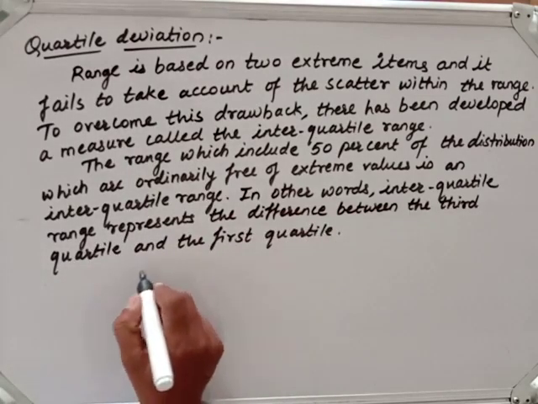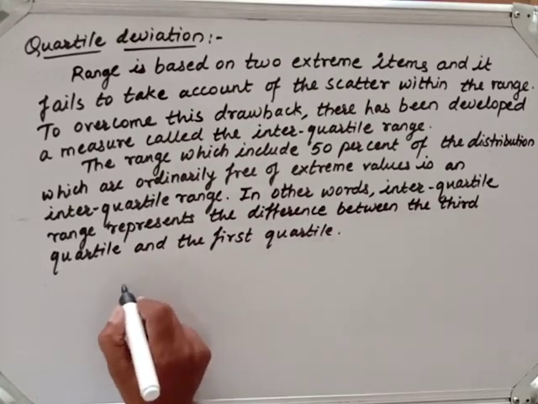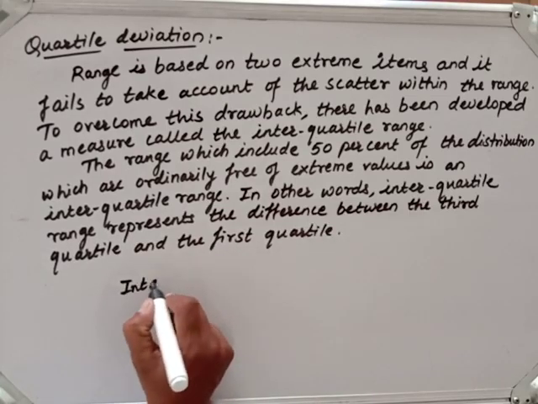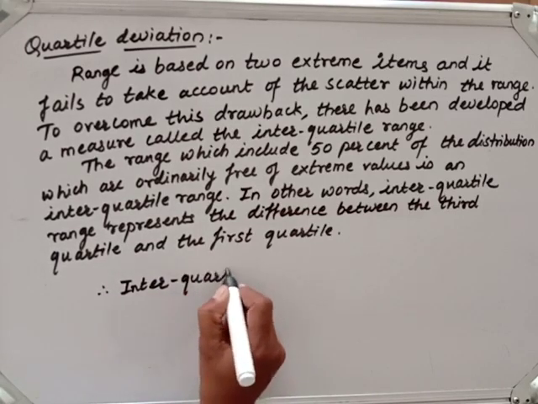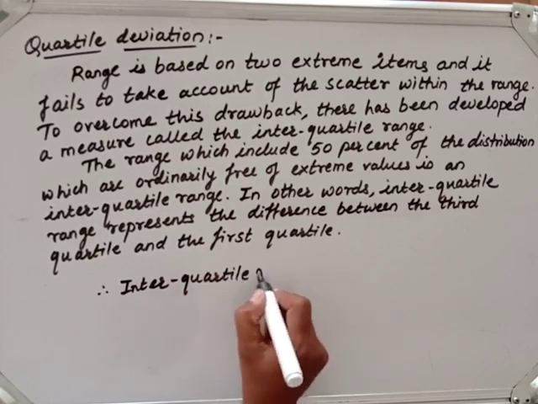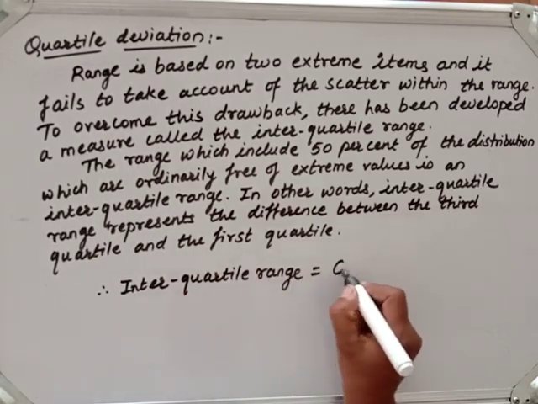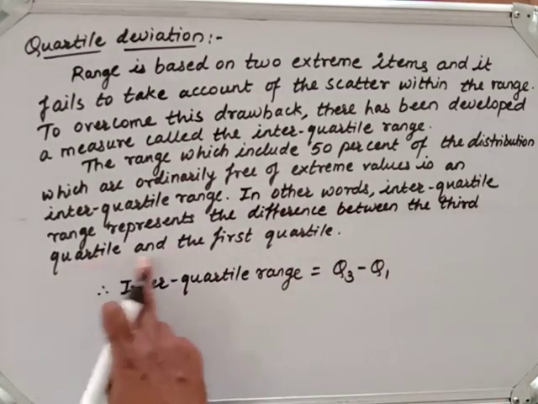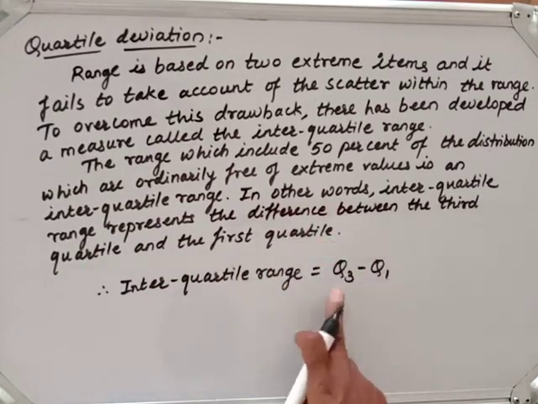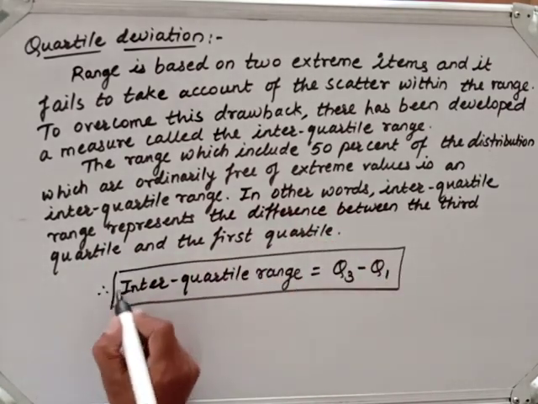Therefore the interquartile range is Q3 minus Q1, third quartile and the first quartile, difference between them. So in simple language you can remember the interquartile range is this one.